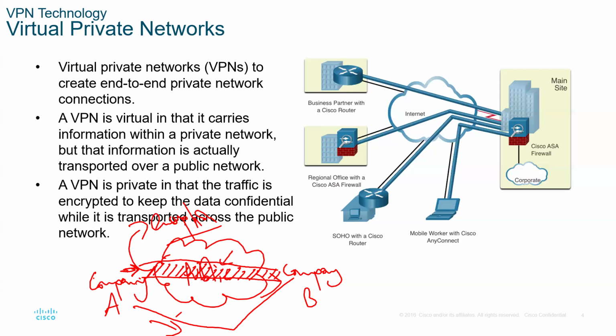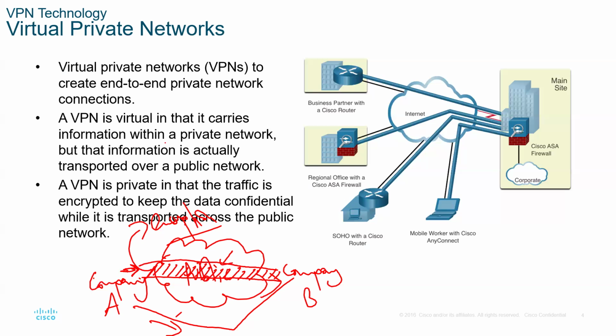Technical definitions. A VPN is virtual in that it carries information within a private network. We've gone through this. Virtual meaning physically it's not there, but it is there. There is a connection, physically not there, but it's there.